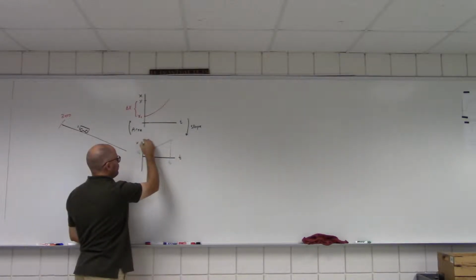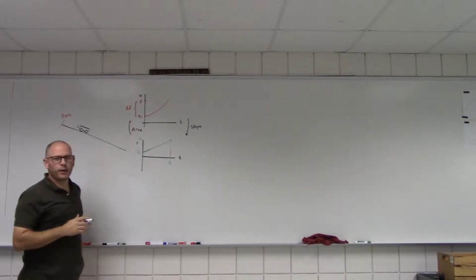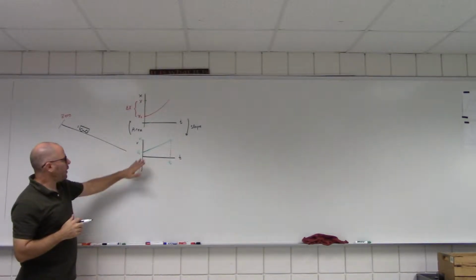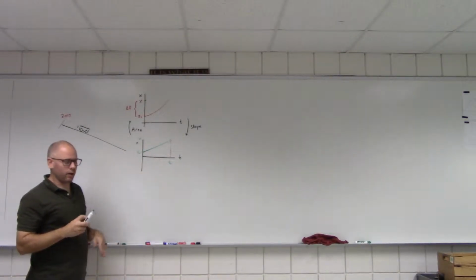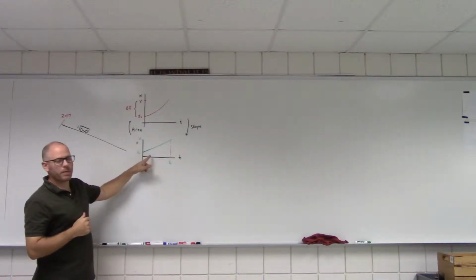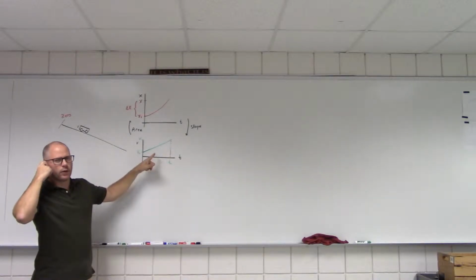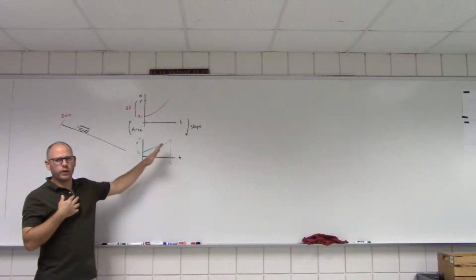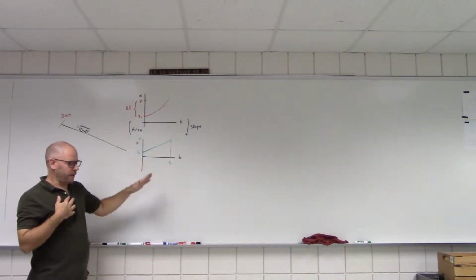That's the time. Up here is the final velocity. How do I get the area of this thing here? Well, there's a couple ways. If you look closely, this shape is actually a trapezoid, and if you knew the trapezoid area formula, you could do it that way, but that's not obvious to me.